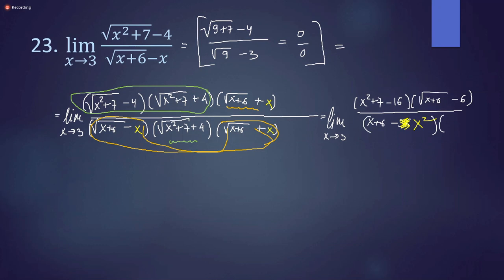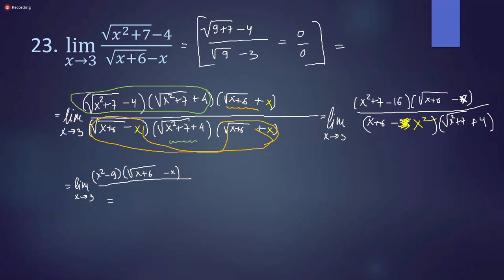And so we have, okay, now I write the limit, and x tends to 3, x squared minus 9 times square root of x plus 6 minus x, divided by, now we see it's rather unpleasant, minus x squared plus x plus 6 times radical x squared plus 7 plus 4, rather messy as we can see.